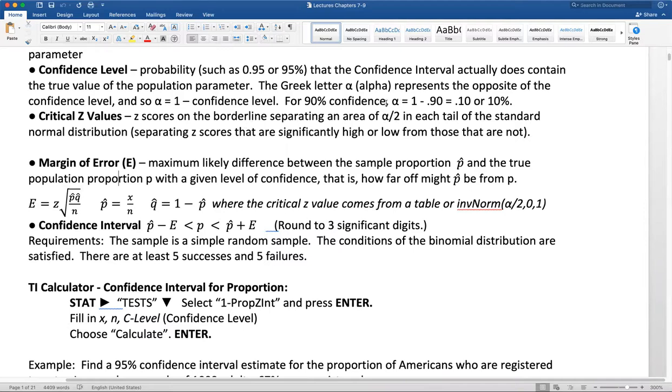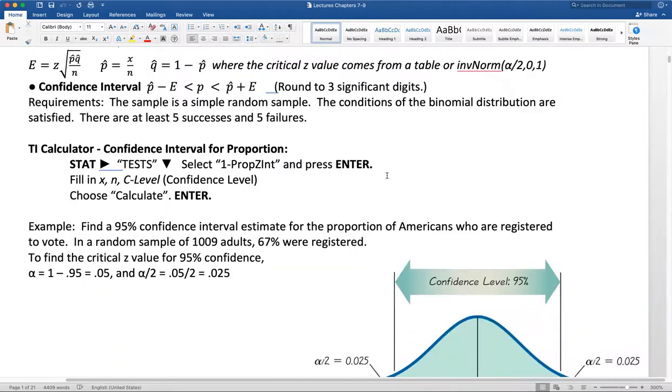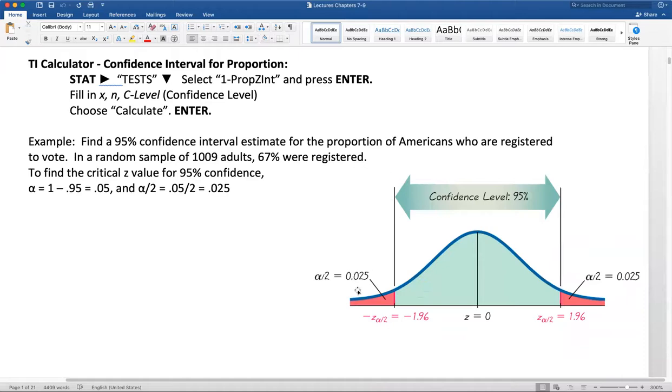Alpha is 1 minus the confidence level, and half of that, alpha over 2, is the area under the standard normal distribution. Then z sub alpha over 2 is the z score separating the unusual from the usual.